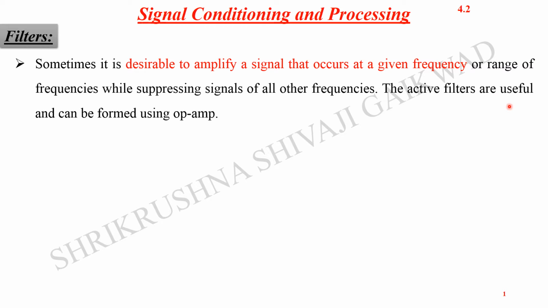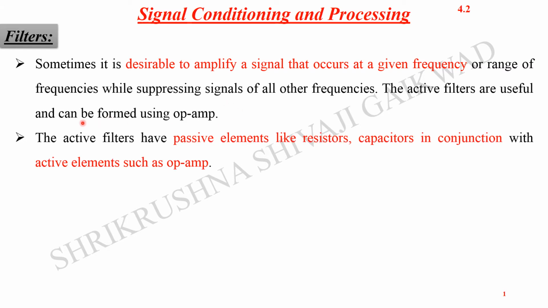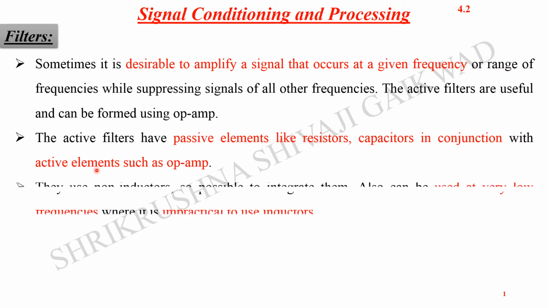So active filters are very useful and can be built using operational amplifiers. Right. Active filters have passive elements like resistors and capacitors in conjunction with active elements such as operational amplifiers. Means both kinds of elements, passive as well as active, are used for the fabrication of the circuitry.